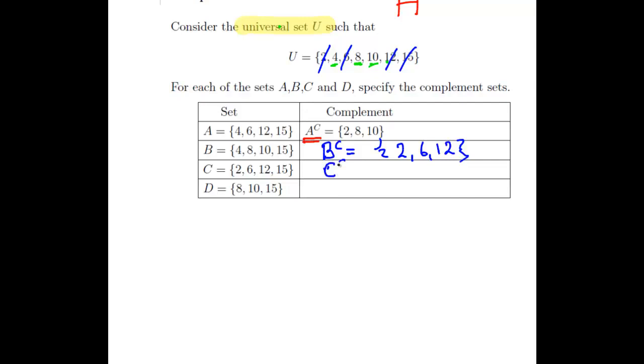Complement of C is 4, 8, and 10. Okay, curly brackets there. And finally, I think you get the idea now, but I'll just finish off for the sake of completion. 8, 10, and 15, that leaves us with 2, 4, 6 and 12.